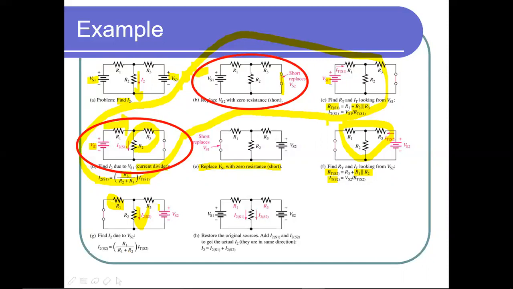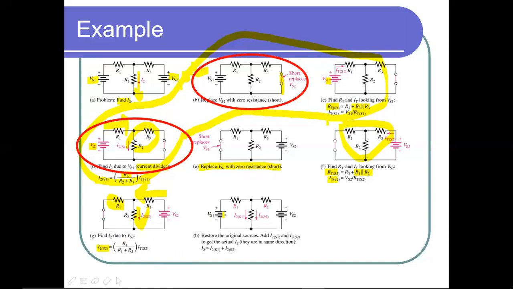The current through R3 is the total current. That is why you should not include R3 when finding the current flowing through R2. So it is R1 by R1 plus R2 into Is2, and then you get the current flowing through the R2 resistor.